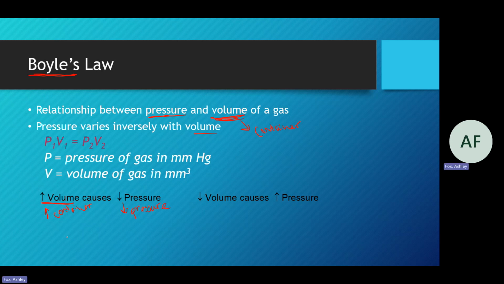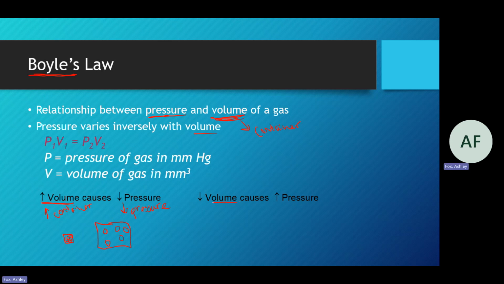So again, if you're going from this teeny tiny little container with 5 molecules to this larger container with 5 molecules, they're going to hit the walls less often here, so exert less pressure on the container versus over here.